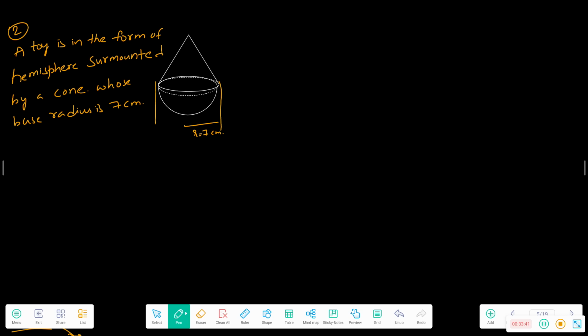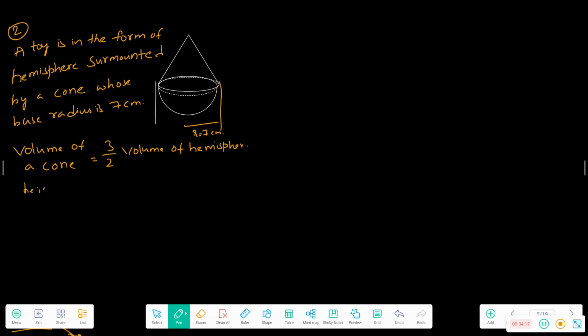One more thing they have given: the volume of the cone is equal to 3 by 2 times the volume of the hemisphere.